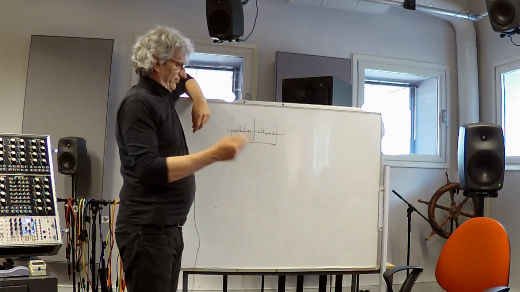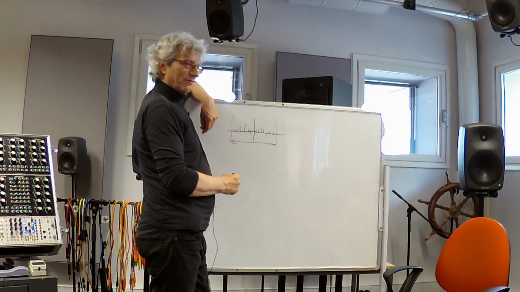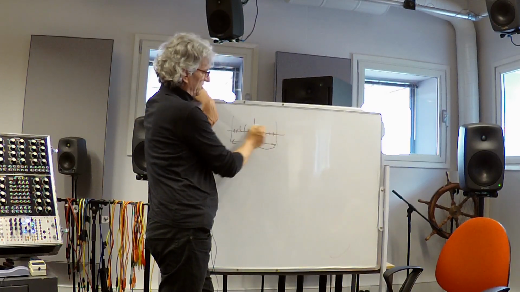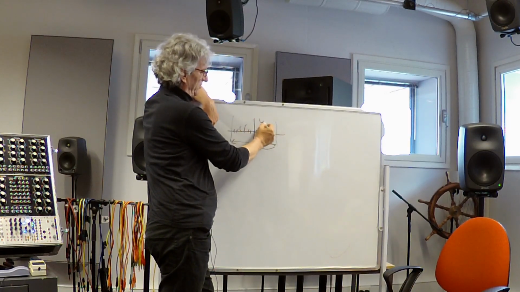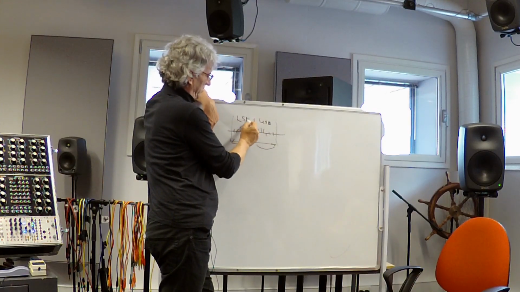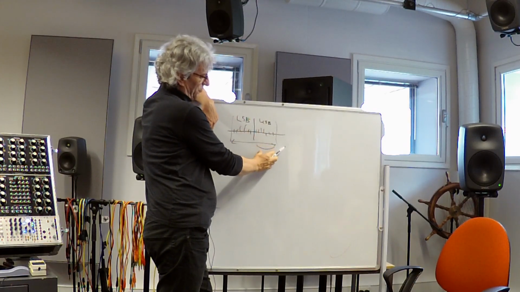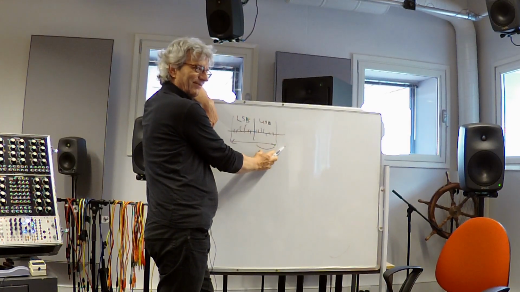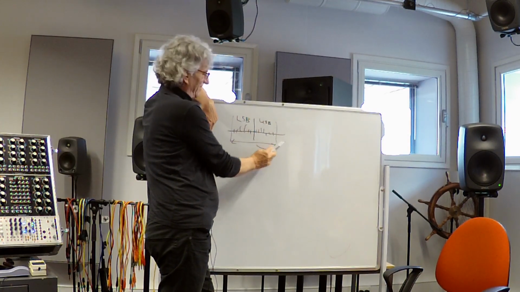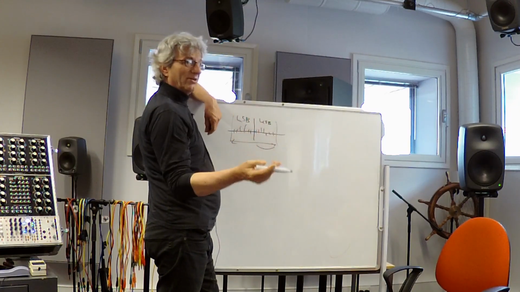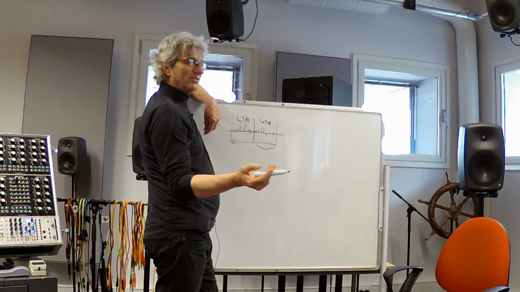But the information of what you send is actually only in this. So they call these the sidebands. This is the upper sideband, USB, and this is the lower sideband, LSB. And if you could only broadcast one sideband, that would be great, because you don't have to broadcast this, you don't have to broadcast that, but you will broadcast all the information you send.